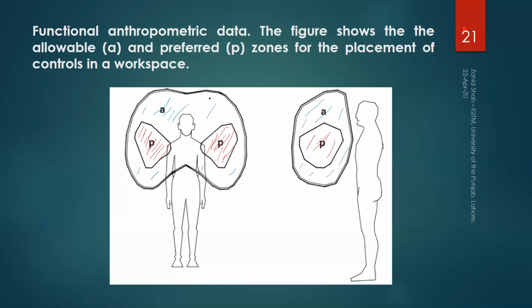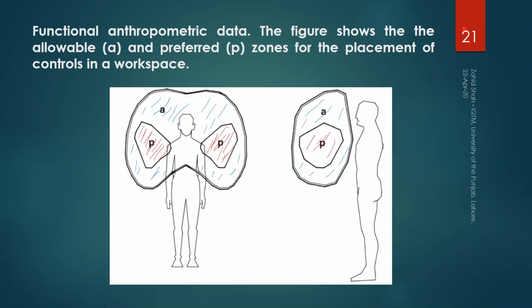In this figure, you can see this is shown in 2D, but you can find figures, tables and data of this area in 3D. So that becomes a volume. In front and back, in right and left directions, the figures and data are available. But this figure is showing it in 2D.